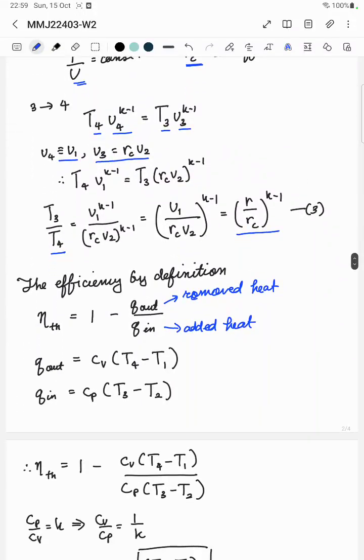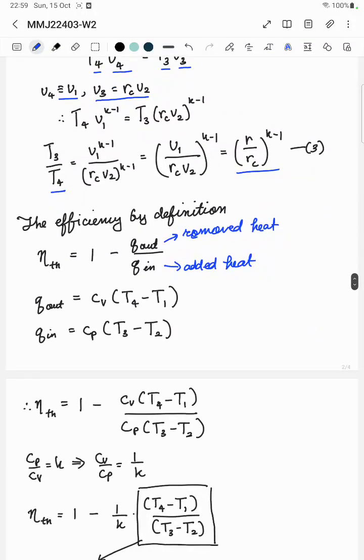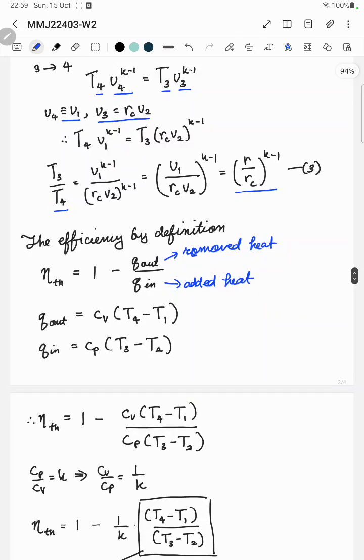So we have our heat addition to be Cp, because of constant pressure, multiplied by T3 minus T2. For our heat removal, the process is of constant volume, so we have Cv multiplied by T4 minus T1. So this is for heat removal, and this is for our input heat.